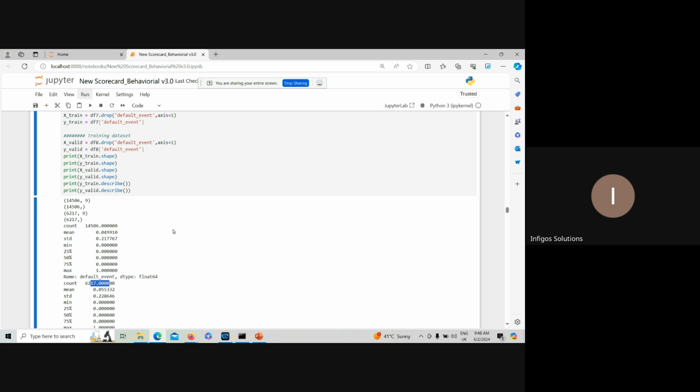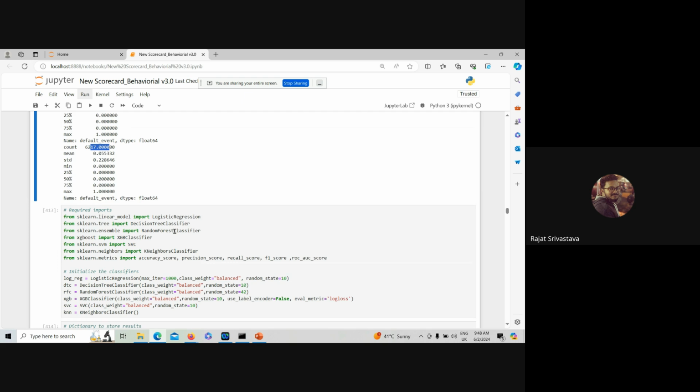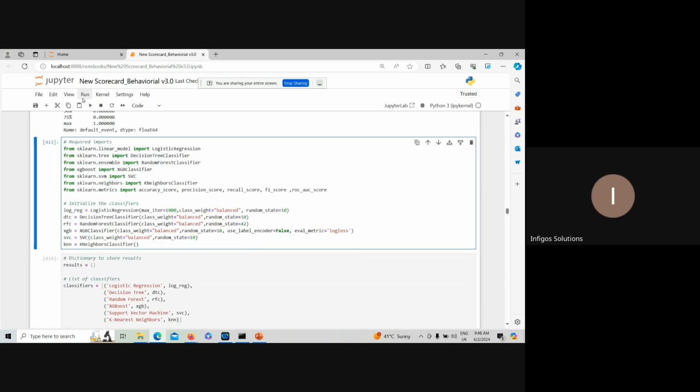The other reason we are moving with logistic regression is because we can convert the output of logistic regression, the log odds, to score format. To what format? To the credit scorecard format. Scores. Okay. Correct. So let's go ahead.